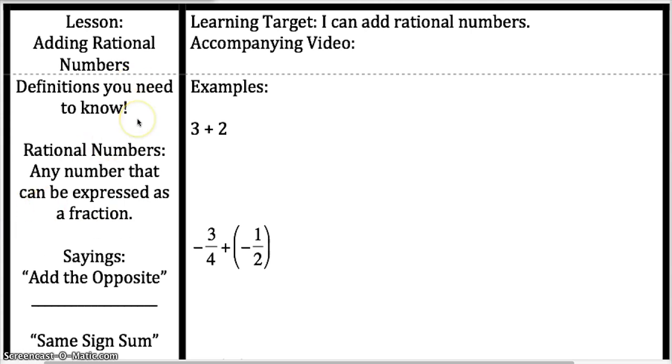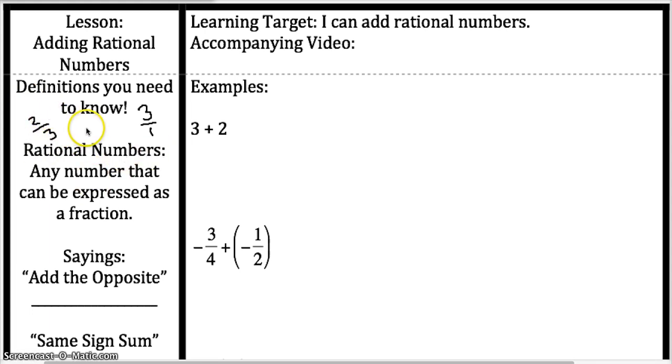An example of that is the number 3, because the number 3 can be written as 3 over 1, and that is a fraction. What about the number 2/3? Is this a rational number? Yes, because it can be written as a fraction.